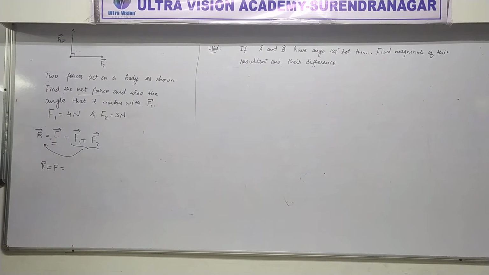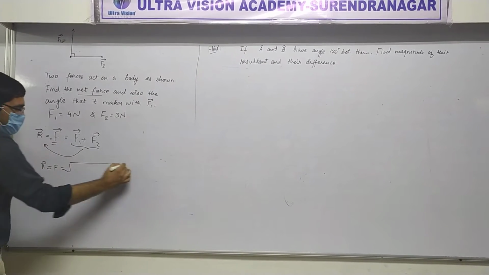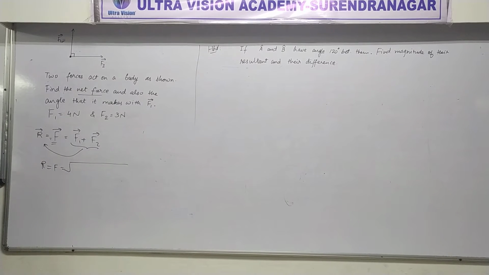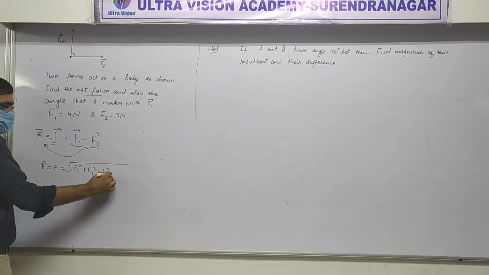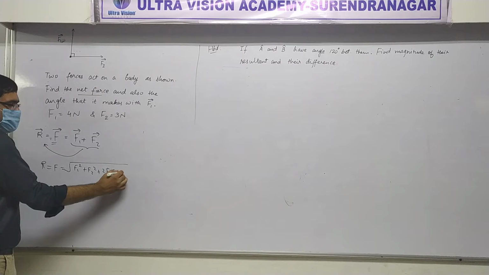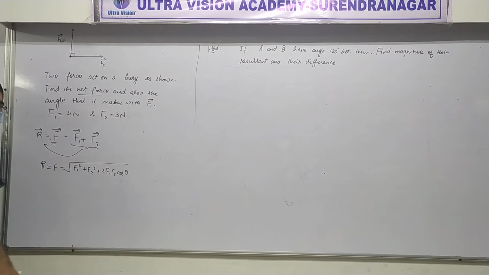It will be equal to the square root of A square plus B square plus 2AB cos theta. That's the formula. But here we don't have A and B. We have F1 and F2. So it is the square root of F1 square plus F2 square plus 2 F1 F2 cos theta. Did you understand? Yes. It's only the formula, there is no new formula.